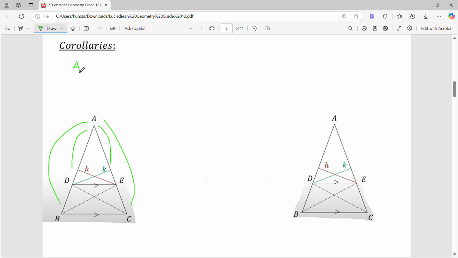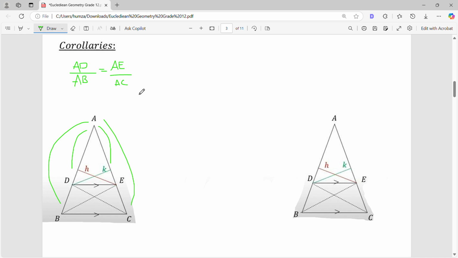AD is to AB and AE is to AC. A line parallel to one side of the triangle will divide the other sides in equal proportion.